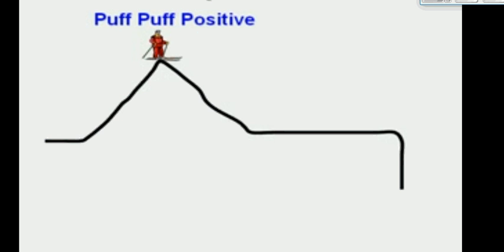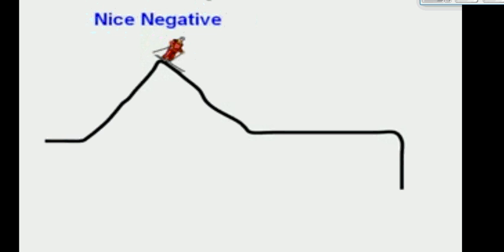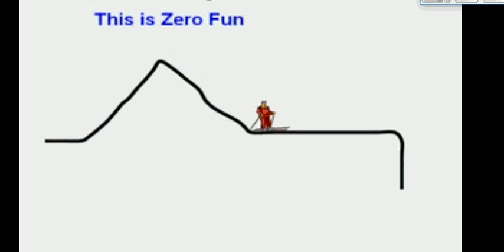It was puff, puff, positive all the way up the mountain, but now he can look forward to the downhill. On the way down the mountain, he says, nice, negative, nice, negative, nice, negative. And now, after the downhill, he's in for the hardest part of the ski route, the long, flat part. He says, this is zero fun.